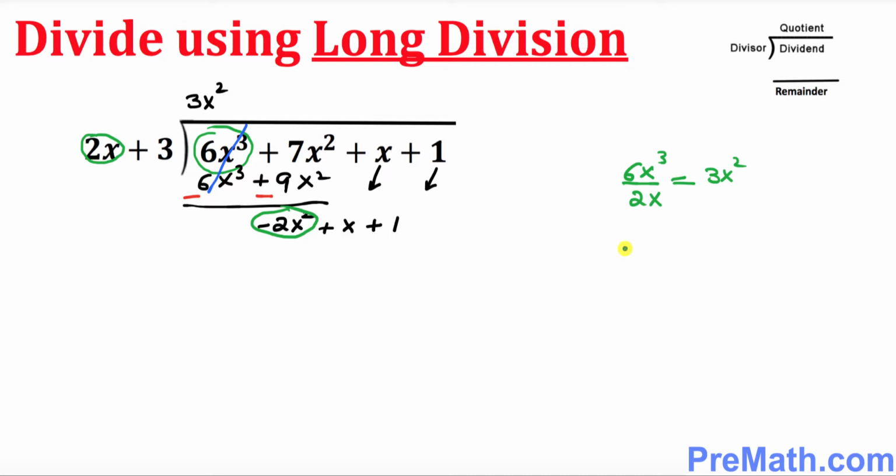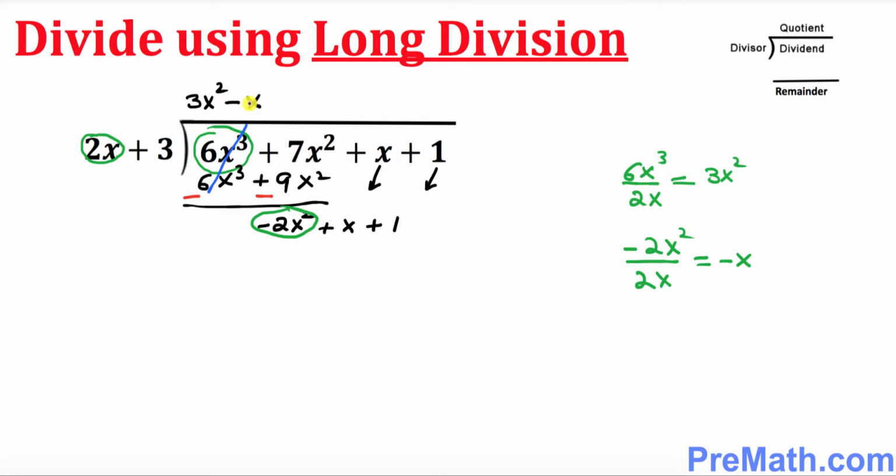I want you to put down negative 2x squared right up here, divided by the leading term of the divisor, which is 2x. You divide it by 2x, that's going to give you negative x. I want you to put this negative x right on top, right here.